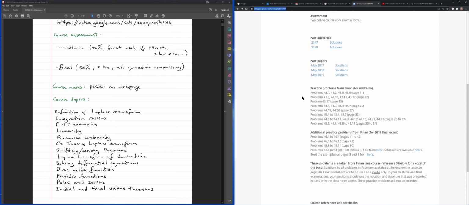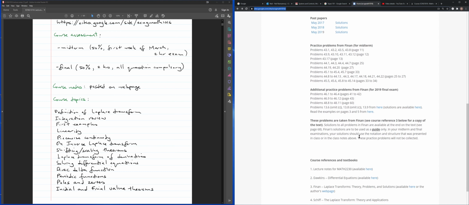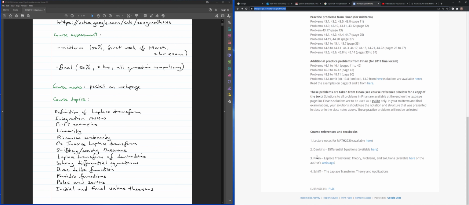I also have some practice problems already listed here, and as you can see, the practice problems are referring to Finan, which is what I talked about earlier, course reference number 3 here.